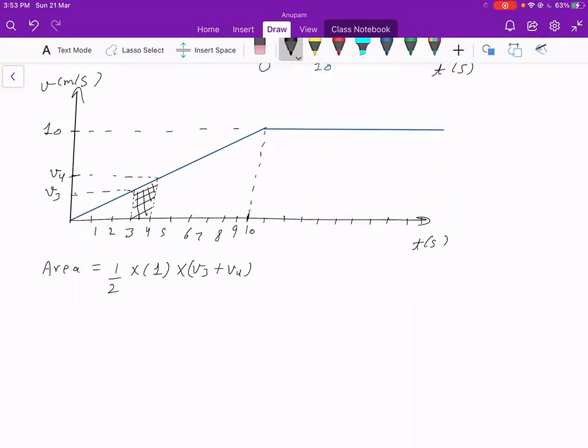Now replace this with n. Let's say the question is asking, and that's where the twist is, plot the distance covered by the vehicle during the nth second. So this area that I'm drawing, which second is this? Is it the third, 3 to 4? So is it the third second or the fourth second?